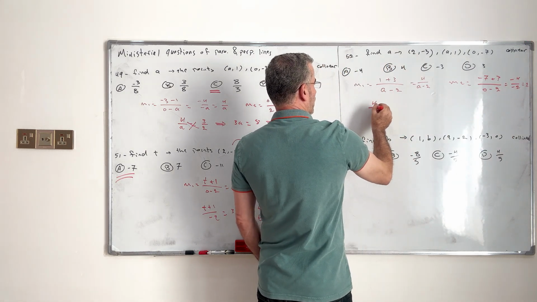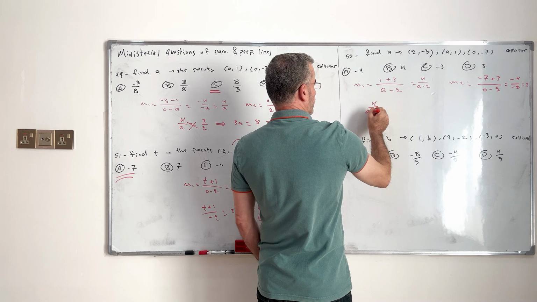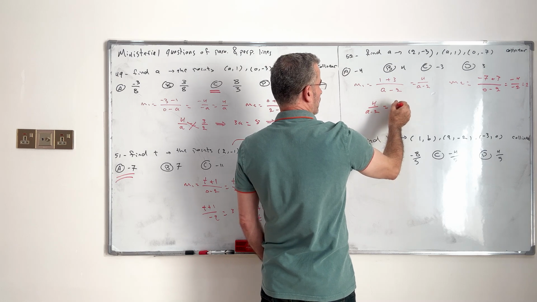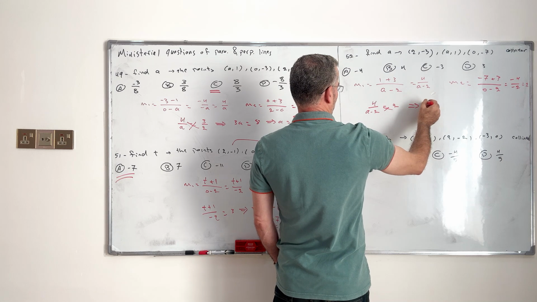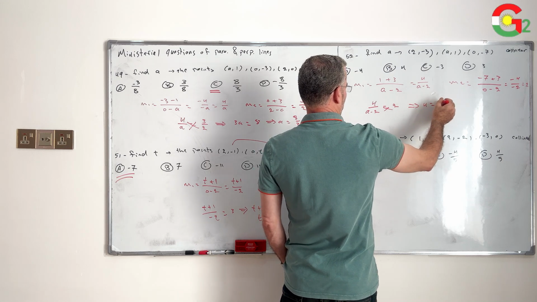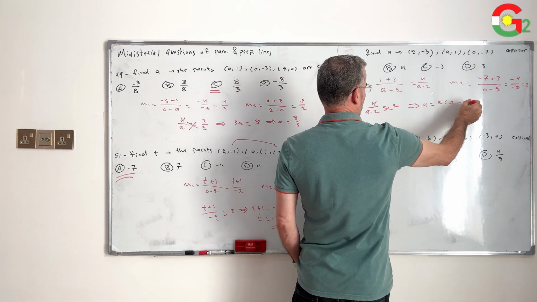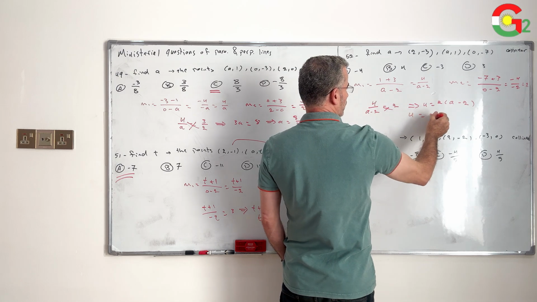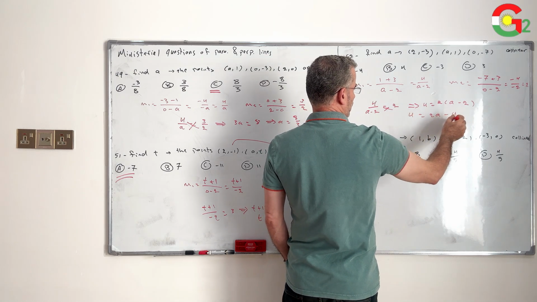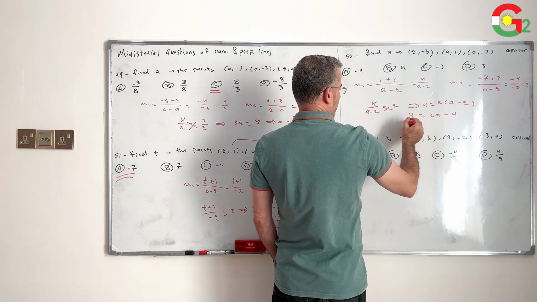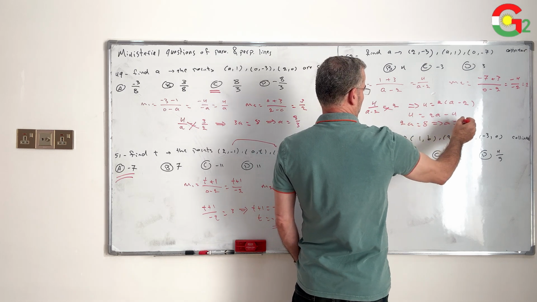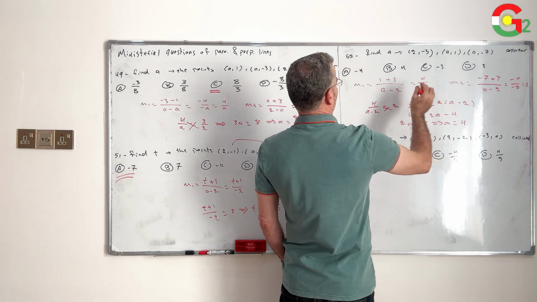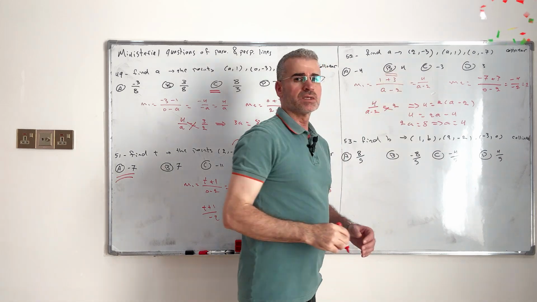Then the slopes are equal and it will be 4 equal to 2 times a minus 2. 4 equal to 2a minus 4. Then 2a equal 8, then a equal 8 over 2, 4. It is choice B.